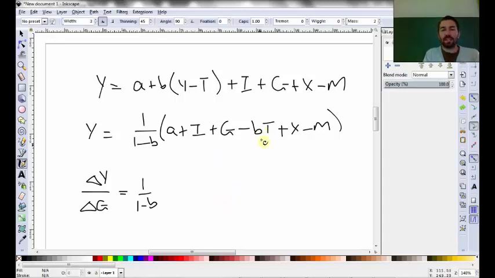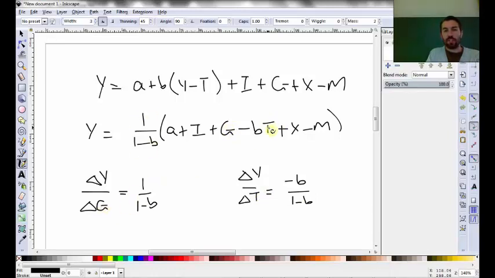What about taxes? By how much does output change if we change taxes? It's 1 over 1 minus b. That's part of the coefficient of taxes. But what else is the coefficient? So the actual multiplier for taxes would be negative b over 1 minus b. You happy with that? The coefficient on g is just 1 over 1 minus b.